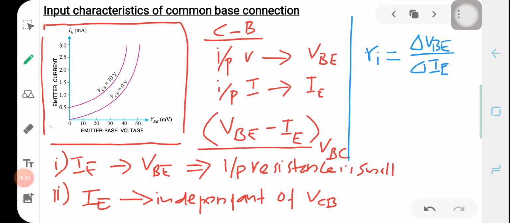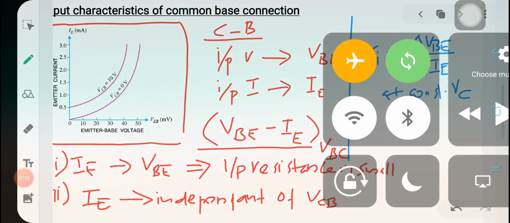Resistance is the ratio of voltage to current, so here the input resistance of a common base connection is given by Ri equals delta VBE divided by delta IE at a constant VCB.